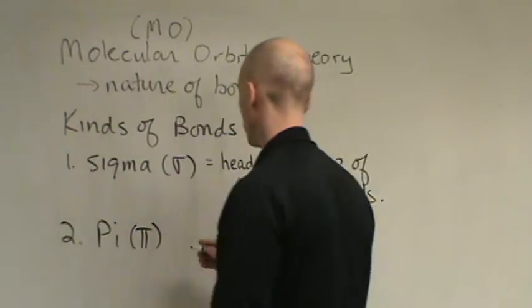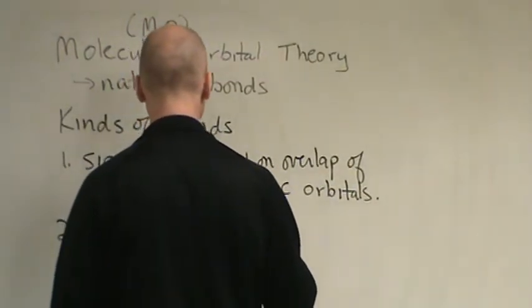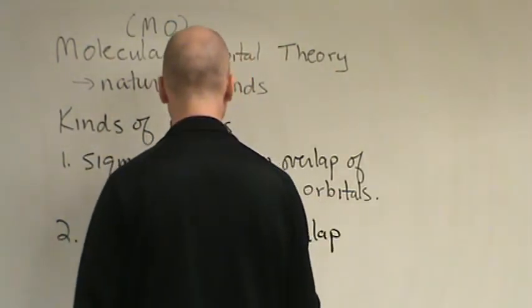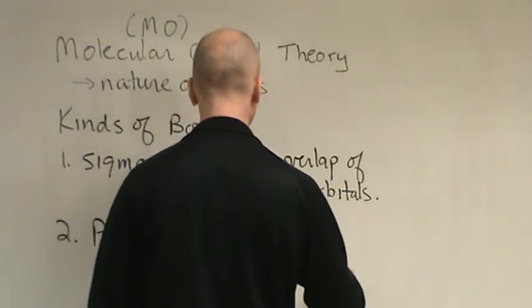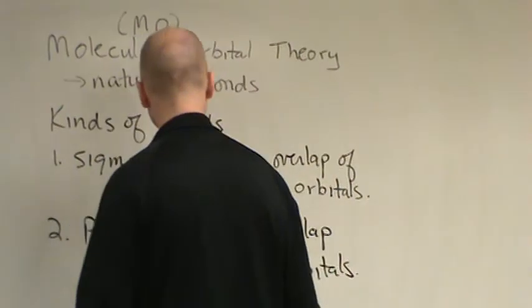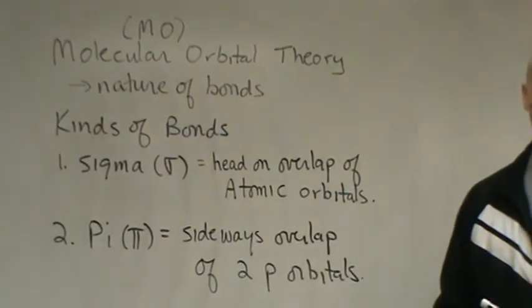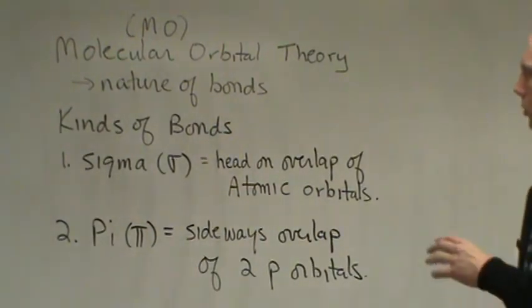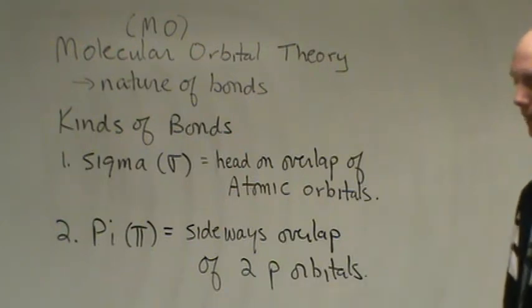A pi bond is a sideways overlap of two p orbitals. Okay? So these are the two bonds that we want to study in a little bit of detail here.